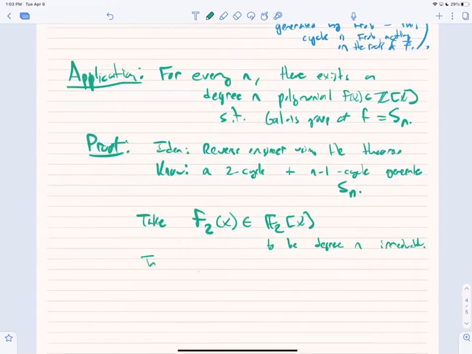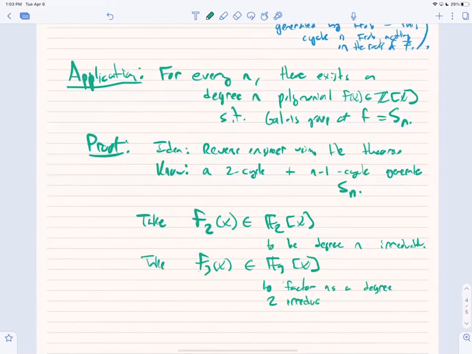I'm going to take f_3(x), a polynomial with coefficients in F_3, to factor as a degree 2 irreducible times distinct irreducibles of odd degree. This is certainly possible. You should think to yourself why it's possible to choose distinct ones, but this is not so bad.